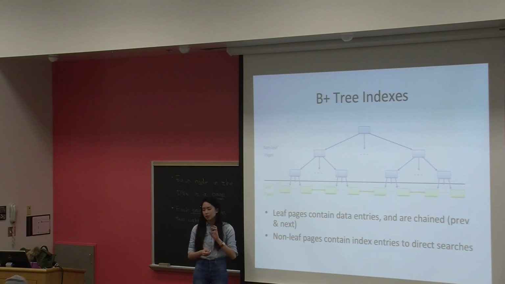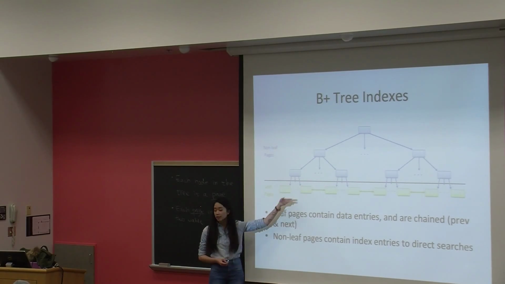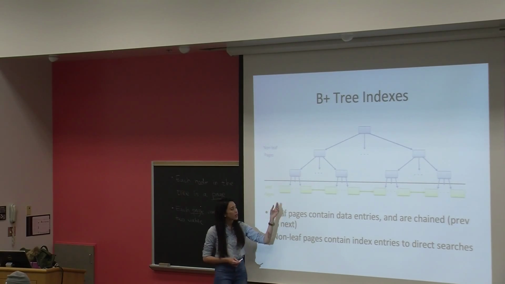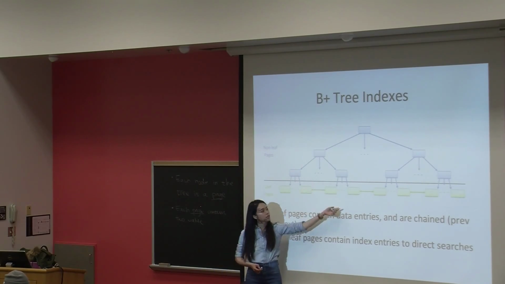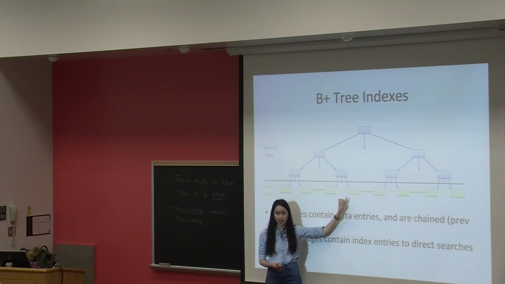But you can think of ISAM as something static because the whole structure is fixed when it's created, besides the overflow pages. But B+ tree is trying to compensate for the drawback of ISAM. So instead of adding overflow pages, it actually keeps the tree dynamic. And between the leaf pages, they can communicate, okay?